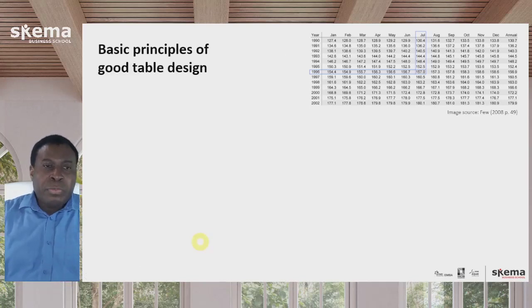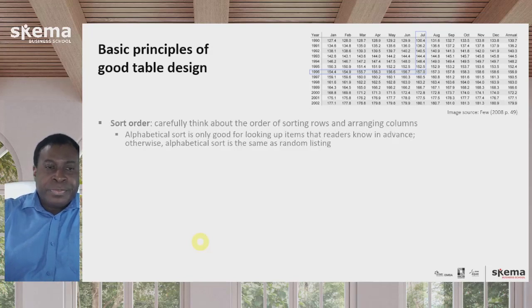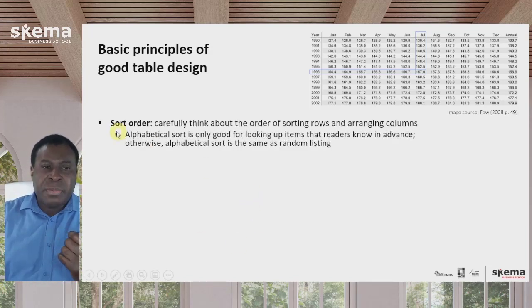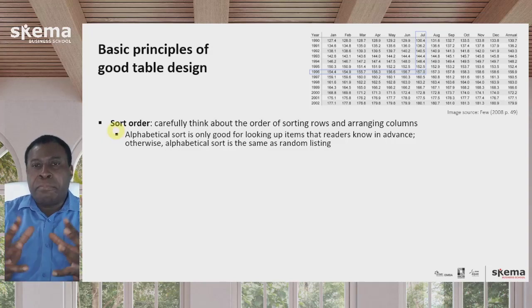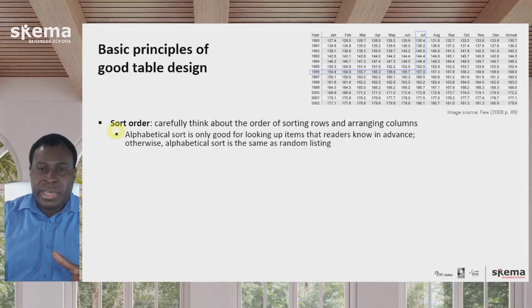So, some basic principles of good design for tables. There are a lot of principles, and I'll just go quickly over a few. First, think about the sort order. Don't just use a random or default sort order. Carefully think about the sort order that makes the most sense in a particular case.